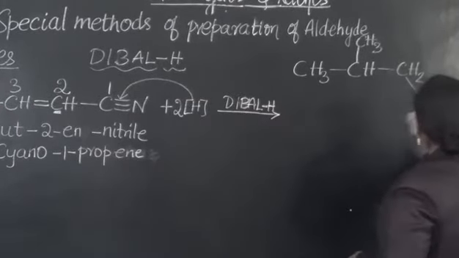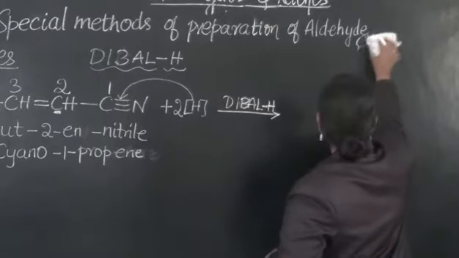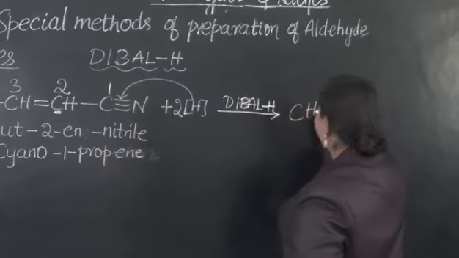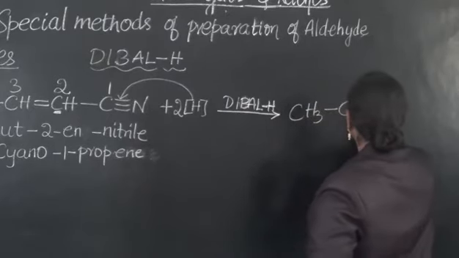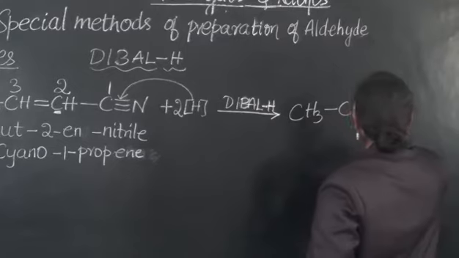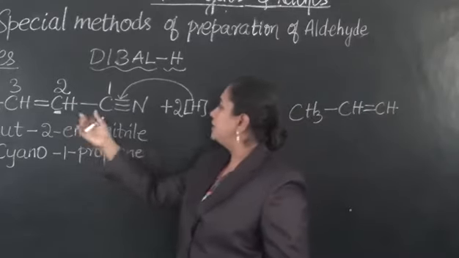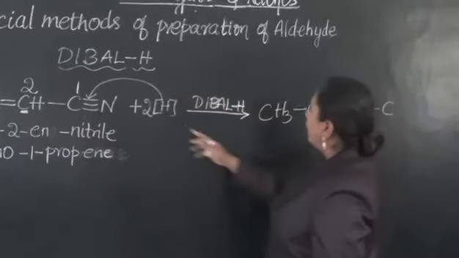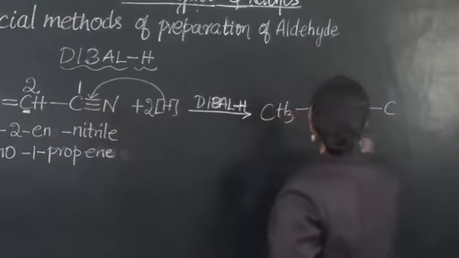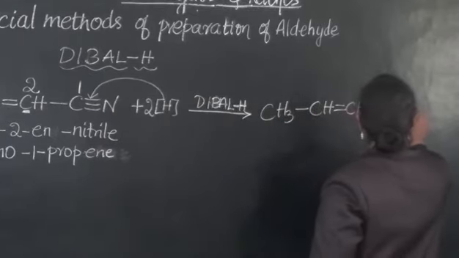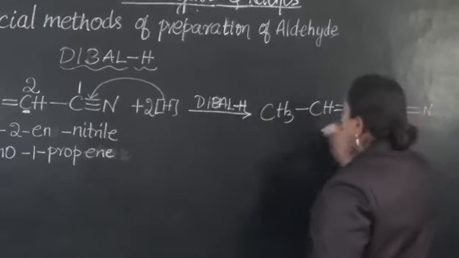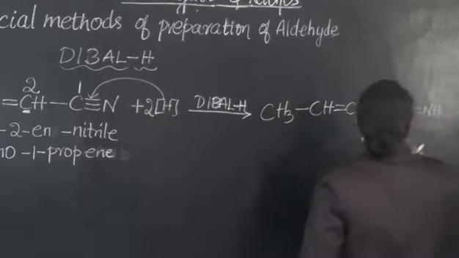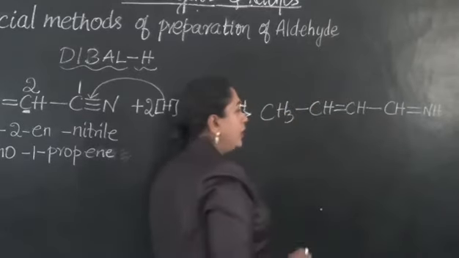Let us see what kind of imine we are going to get. CH3 single bond CH double bond CH, till there is no change. We have to write it as it is. Then here it is linked with a single bond. Now one hydrogen has got linked with the carbon atom, so it becomes CH. Now it is linked with nitrogen by a double bond, and one more hydrogen has come over here. So we end up in the formation of an imine.